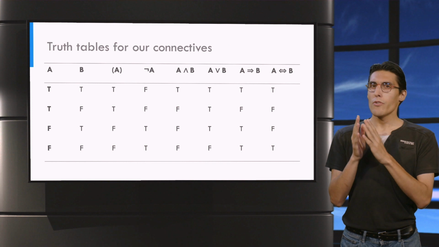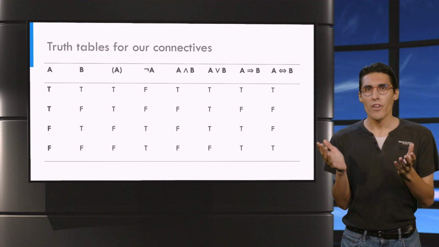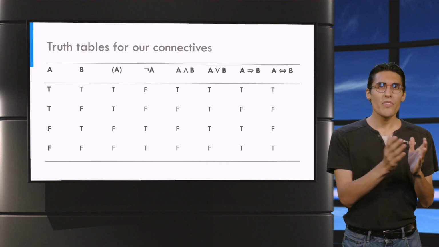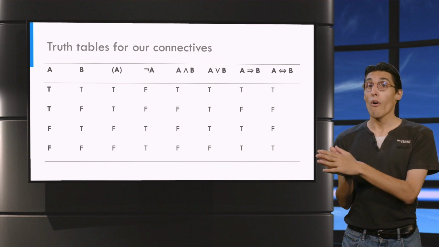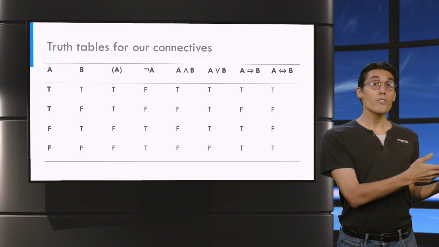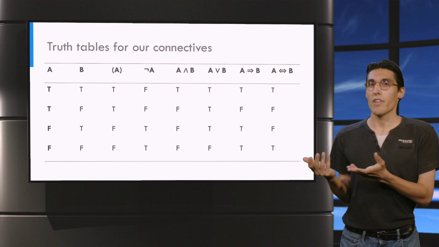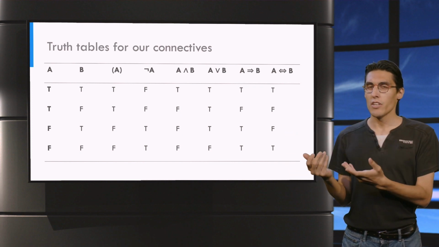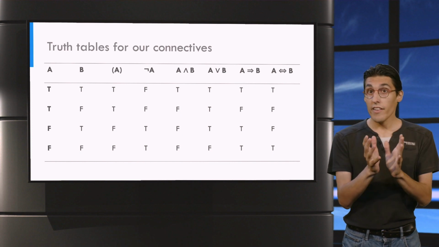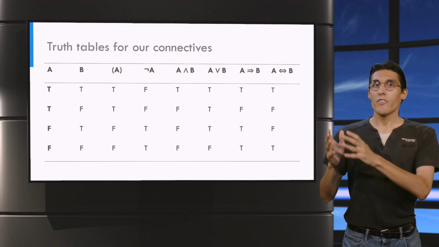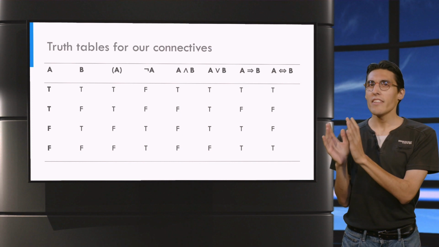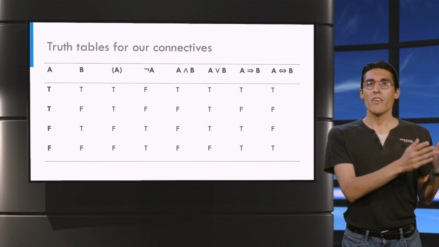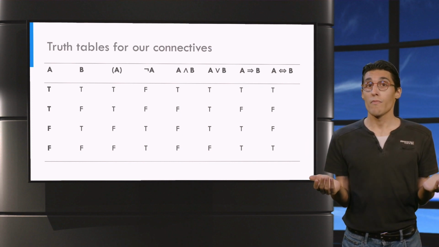In English, when we use the word or, we typically use it as an exclusive or, as in, do you want coconut or chocolate flavored ice cream? We instead use the inclusive interpretation, where A or B is interpreted as true if at least one of the variables is interpreted as true.